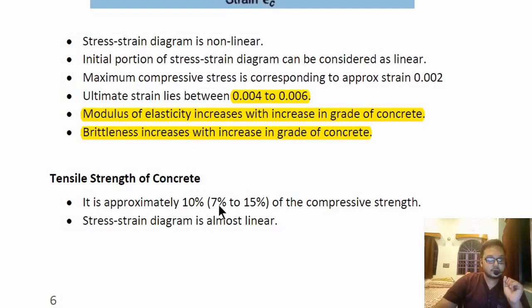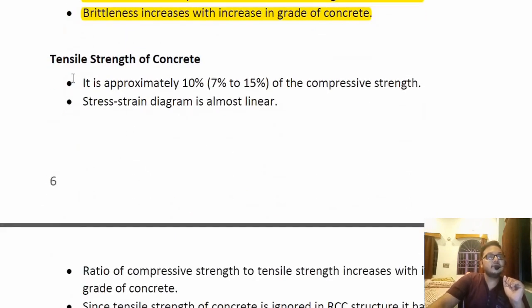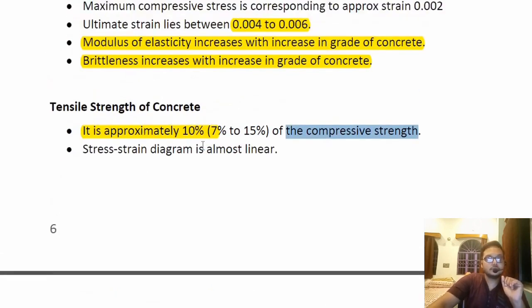The tensile strength of concrete is approximately 10%, that is 7 to 15%, of the compressive strength. So the tensile strength of concrete is very much less as compared to its compressive strength.